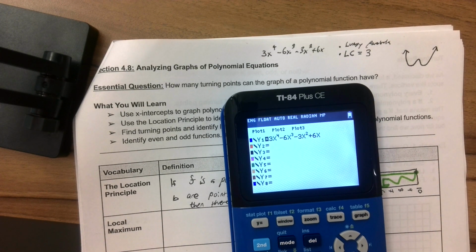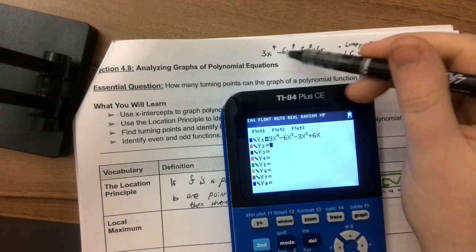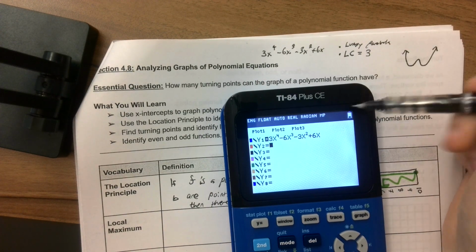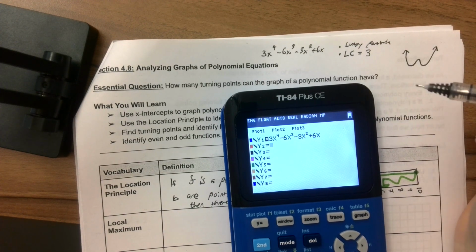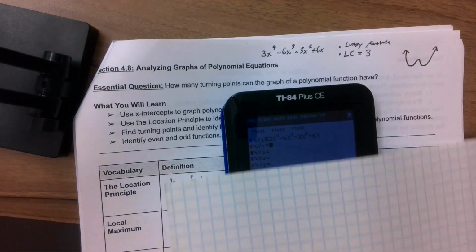Now, if I wanted to be even more precise, which I totally could be, I could factor this out into its component parts, see what I get, and graph the zeros. I'd be even more exact then. I have a much better way of determining what the graph looks like. In fact, let's do that real quickly.